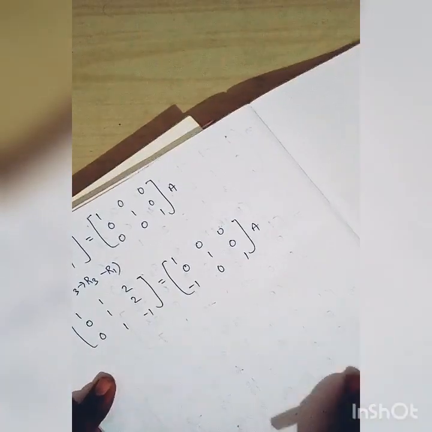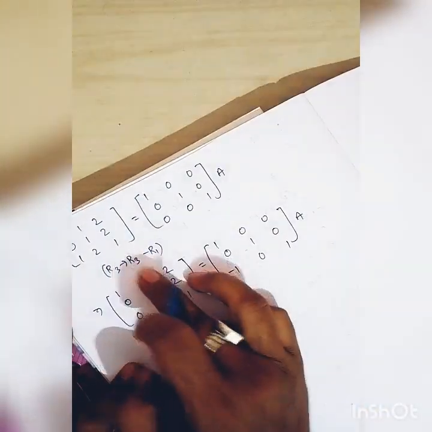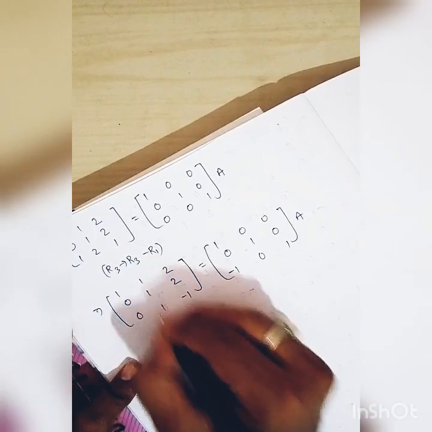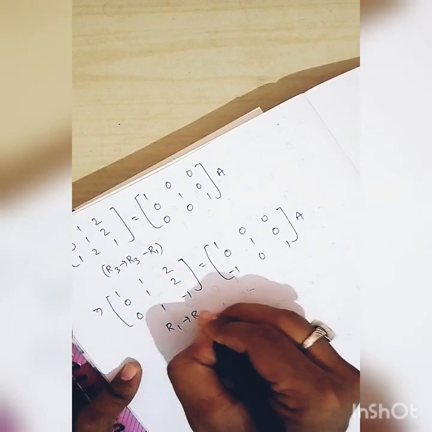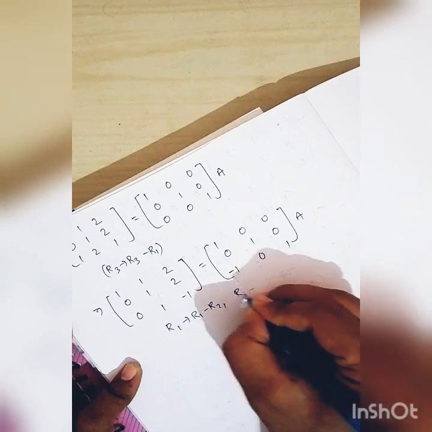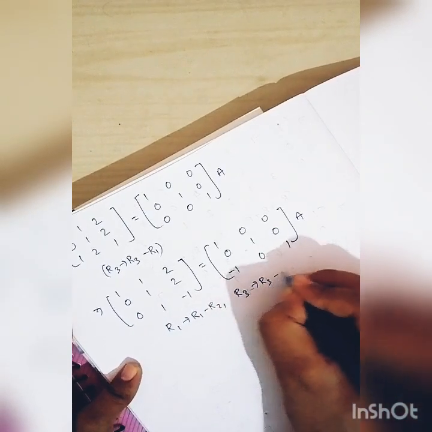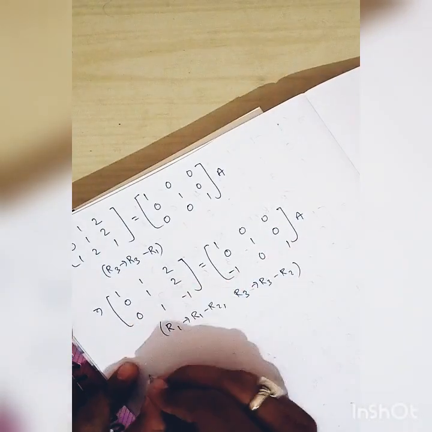Again you have to reduce this to 1. Already it is 1, so nothing to do for step 3. Now reduce this one and this one to 0 using this one. So you can write row 1 minus row 2. Again row 3 is replaced by row 3 minus row 2.